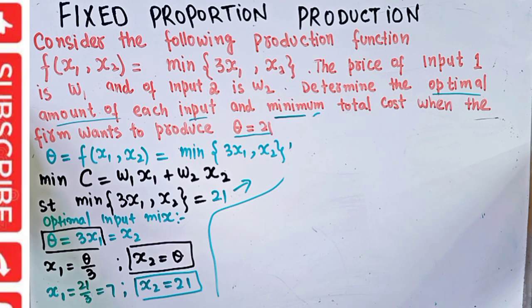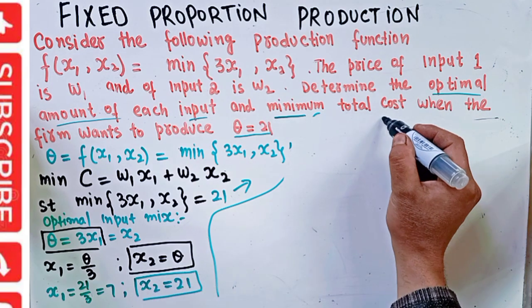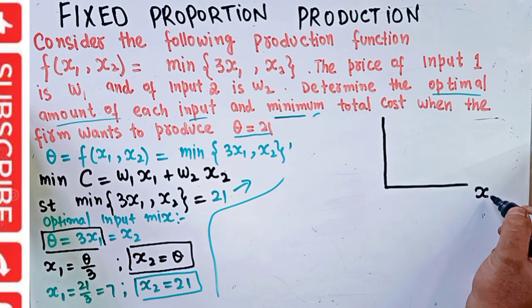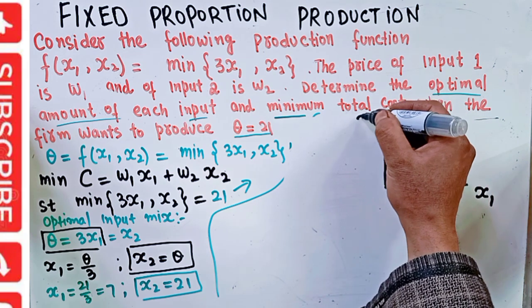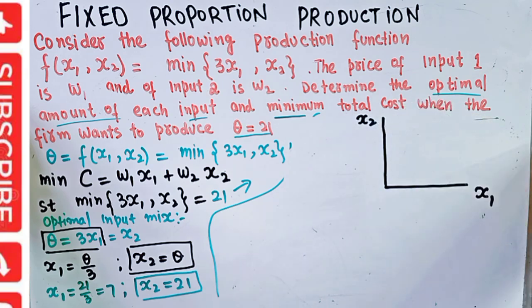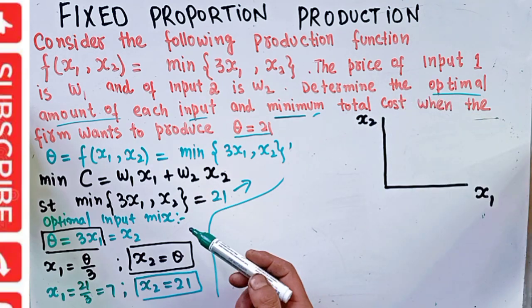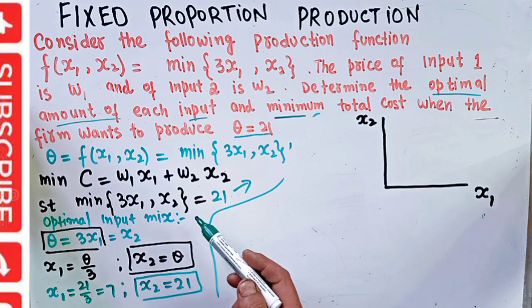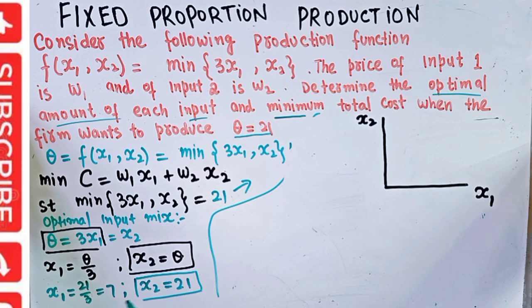Now let's explain this with the help of the graph. It will make more sense. Let us say we have input 1, x1, on the horizontal axis, and input 2, x2, on the vertical axis. Since we have solved for x1 and x2, to produce 21 units of output we require 7 units of input 1 and 21 units of input 2.